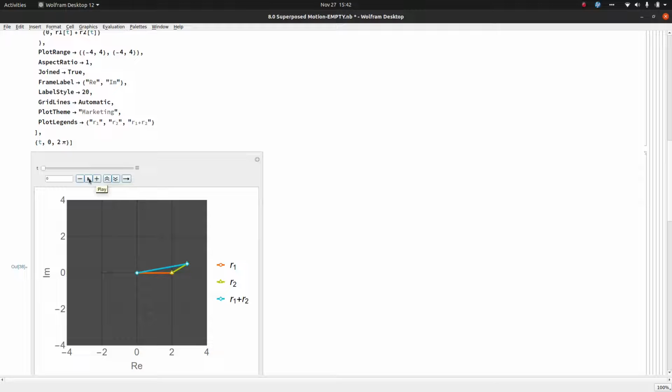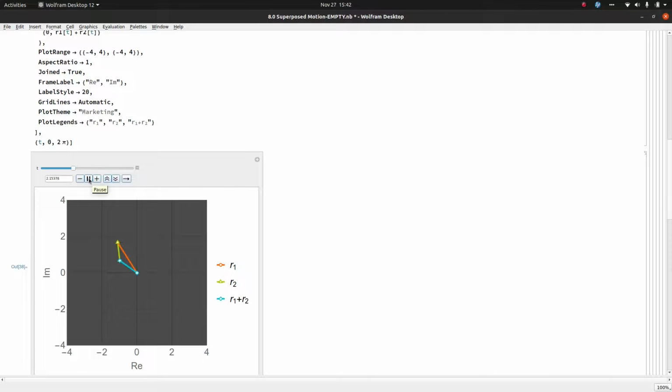And now you'll see that since R2 has a faster angular frequency, it's going to rotate around twice as fast as the complex vector R1. And you can see the green vector is doing exactly that. What does that do to the superposition of the two vectors?